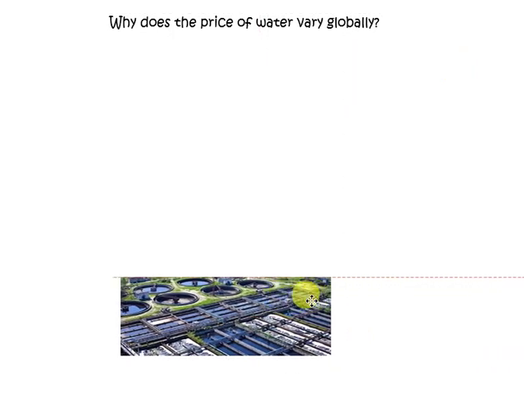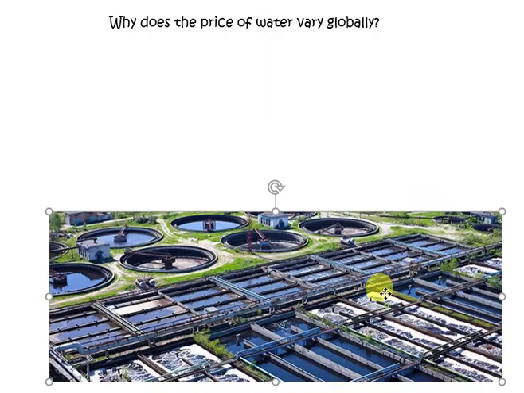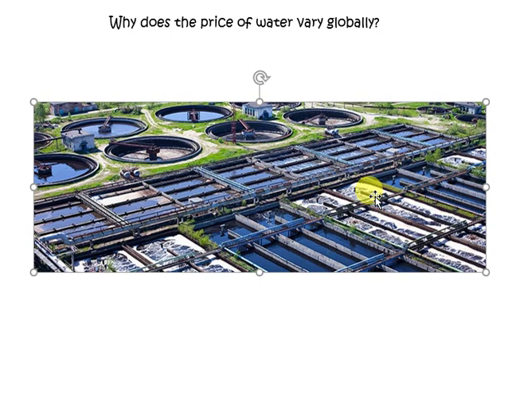Other factors that affect price. So we've got the physical cost of obtaining, storing and transporting it. The supply and demand factor. The less you've got and the more demand there is, the more expensive it's going to be. It's simple economics. If your water quality is not very good, then you're going to need investment in cleaning it, right?